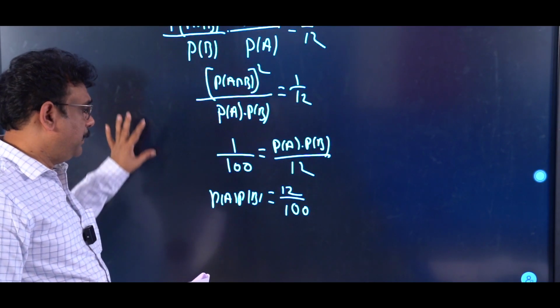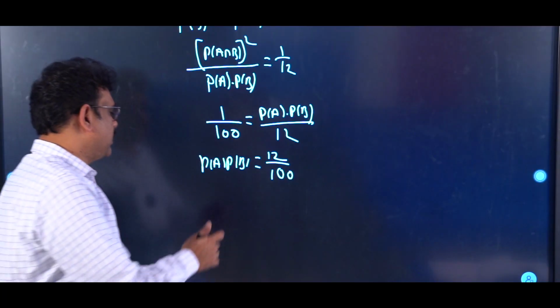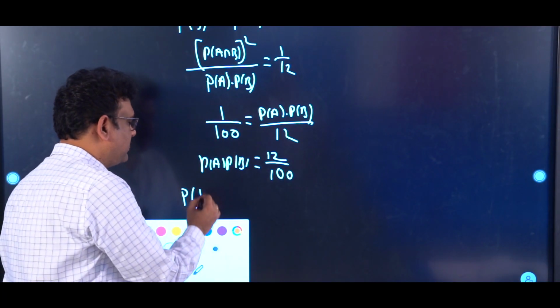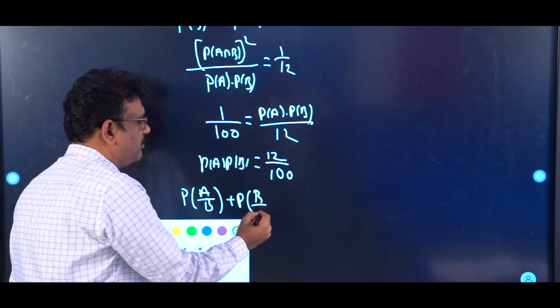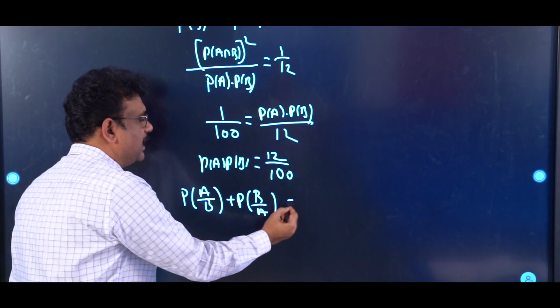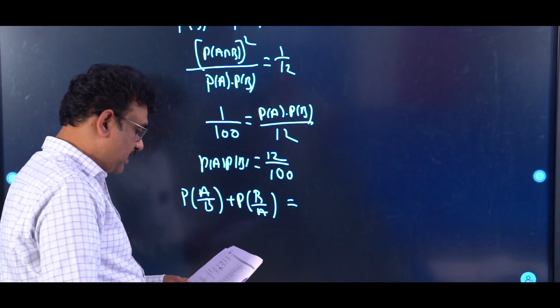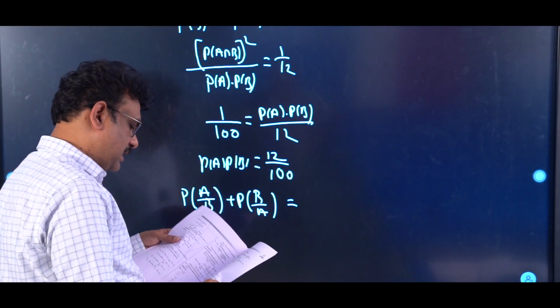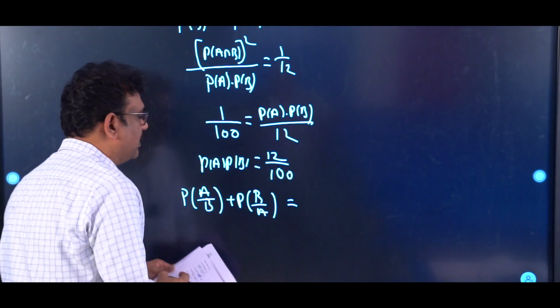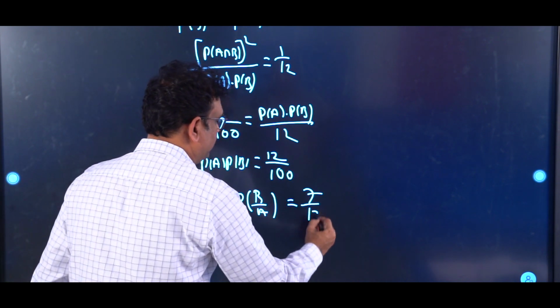Now P(A) plus P(B): the sum of the values P(A/B) plus P(B/A), the sum of the roots of this equation, is equal to 7 by 12.